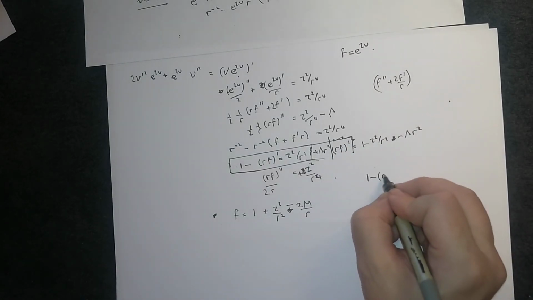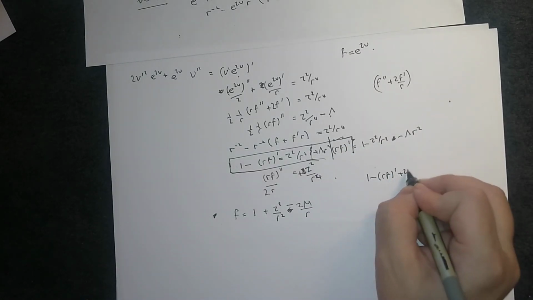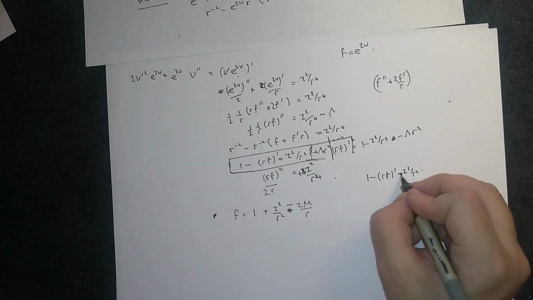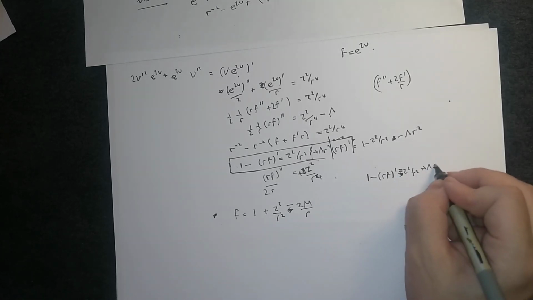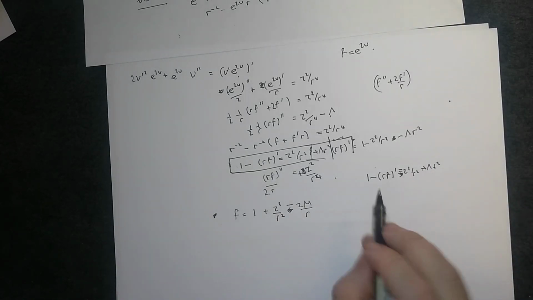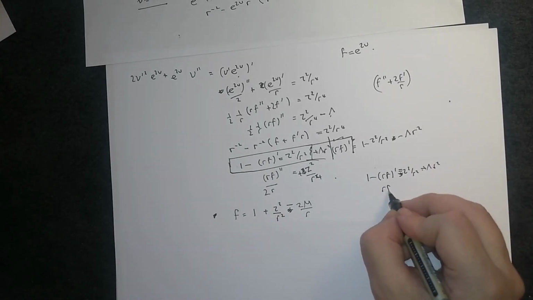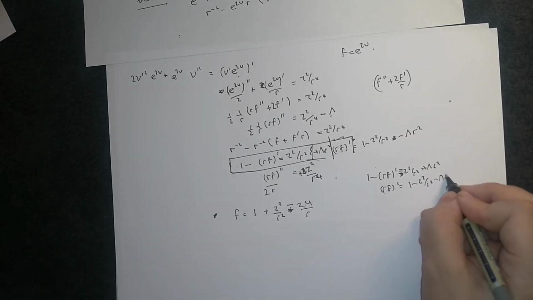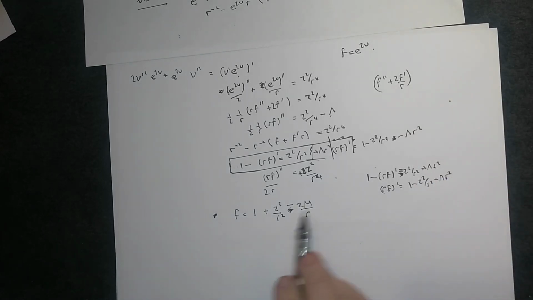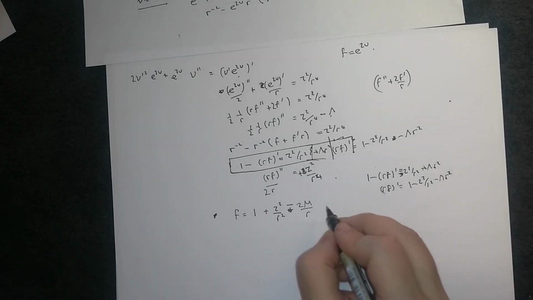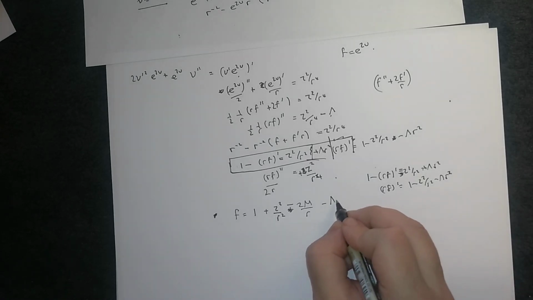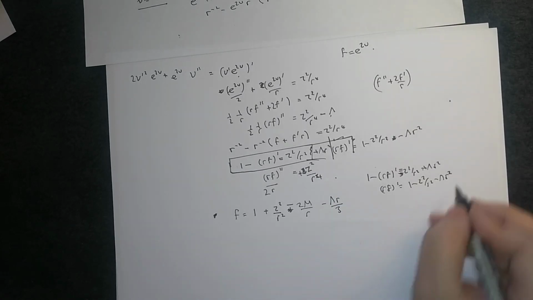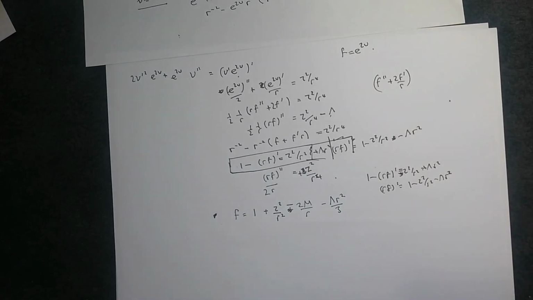So 1 minus r f primed plus z squared over r squared equals plus lambda r squared. So r f primed is 1 minus z squared over r squared minus lambda r squared. So when I integrate that, I get minus lambda r cubed over 3, and divide through by an r, so we get that.